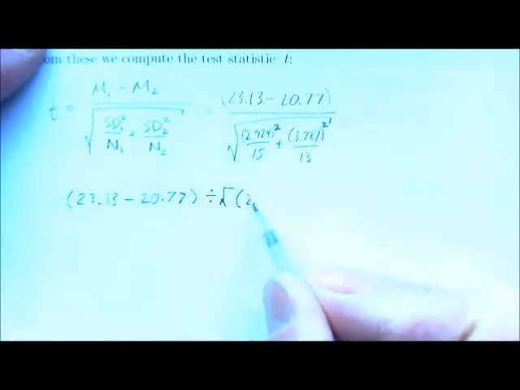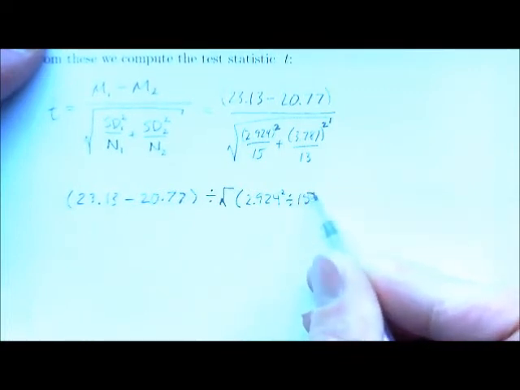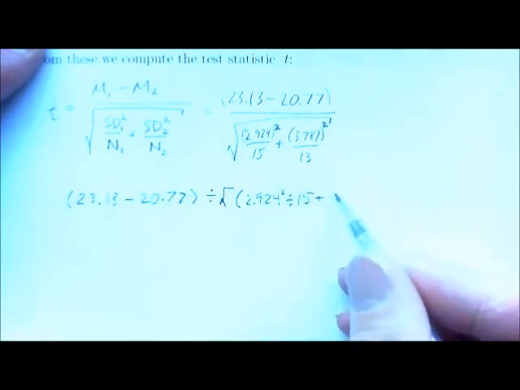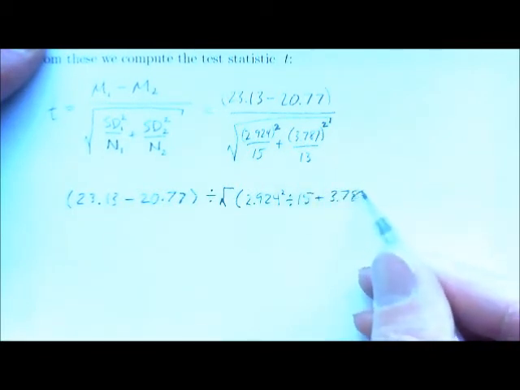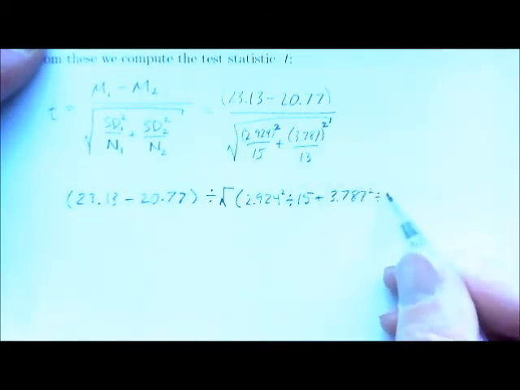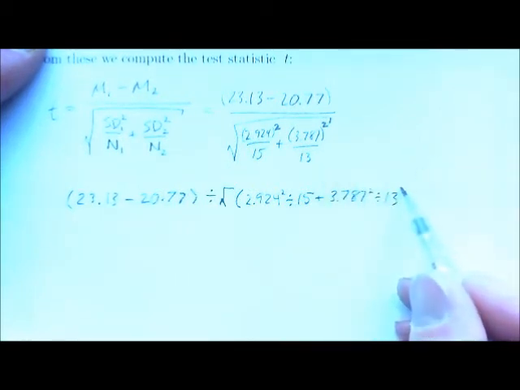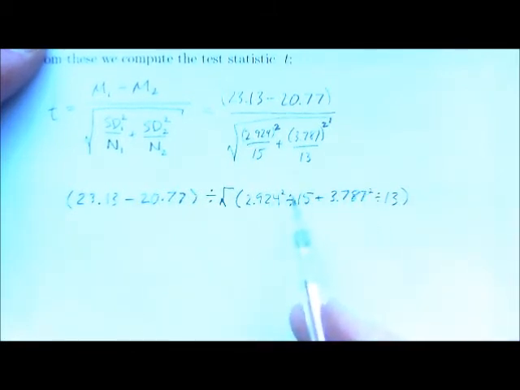You do 2.924 squared, divided by 15, and then the plus, and then 3.787 squared, divided by 13. That finishes the bottom, and we close that with a parenthesis here. Your calculator knows it's supposed to do the exponents first, then the divisions, and then the addition last, and then it'll take the square root, and then do the division of what it's gotten here.